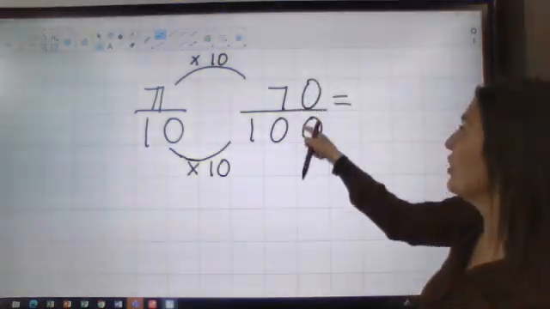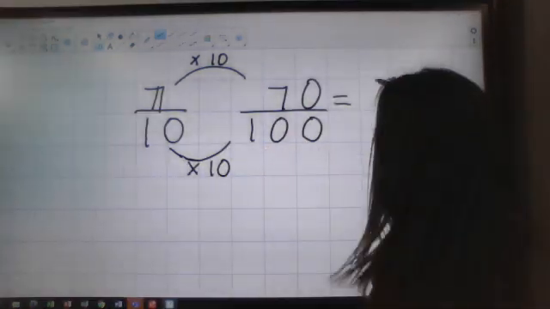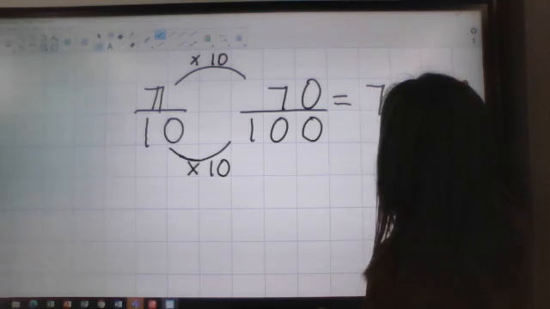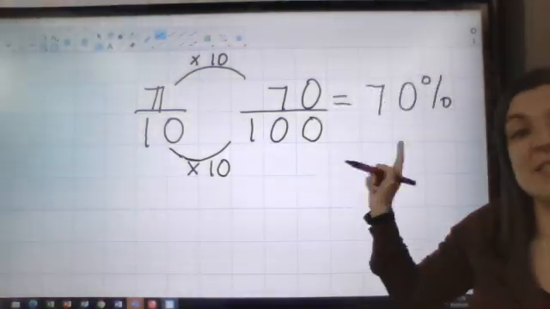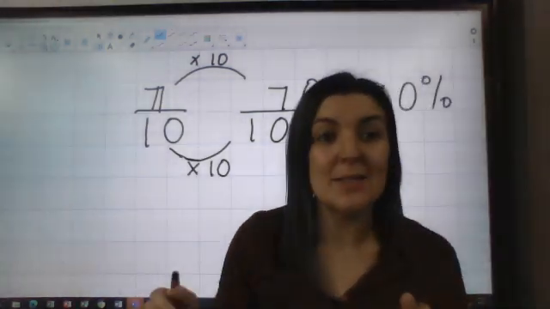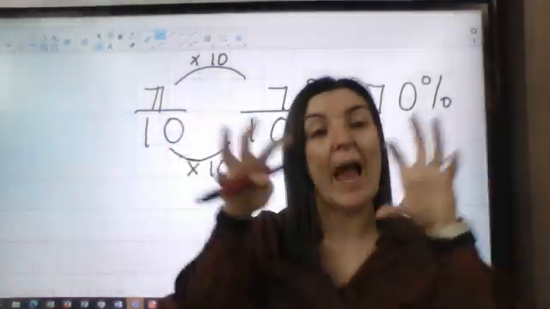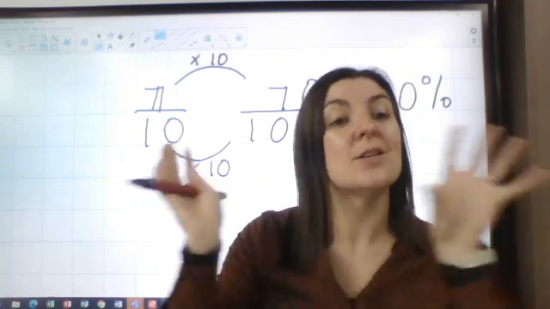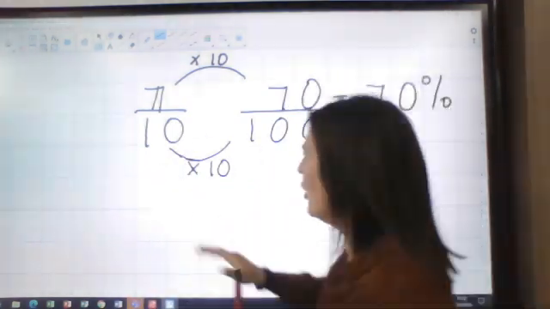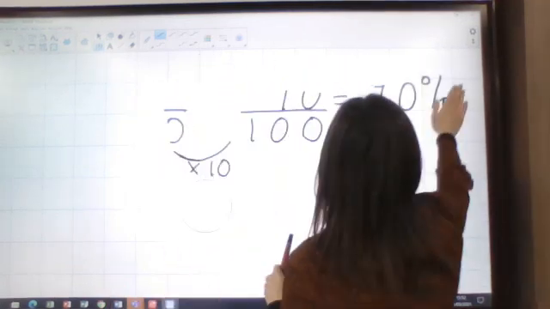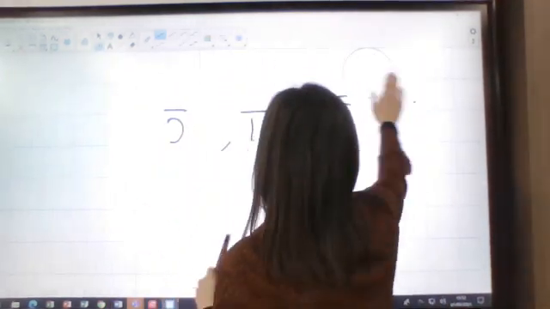Once I've got it out of 100, I can just write the percentage. So I'd have 70%. If we go back to our sweets, that would mean that 70 out of 100 are red, so 70% are red.